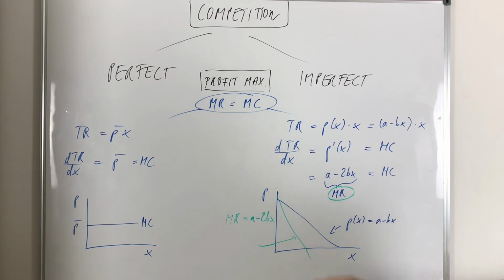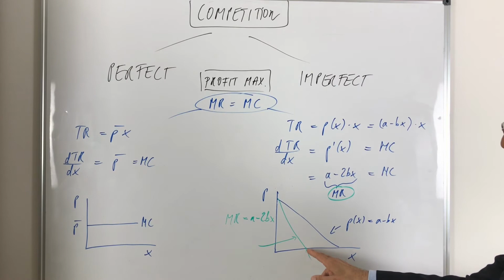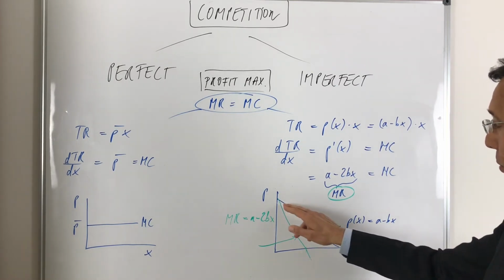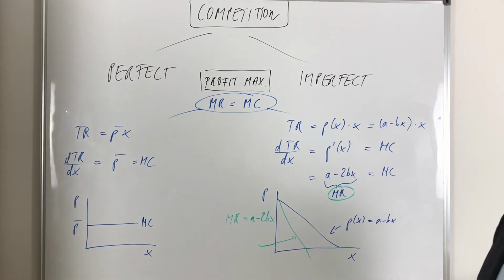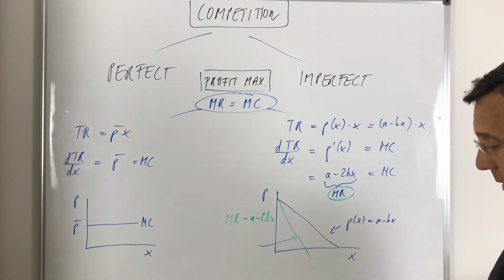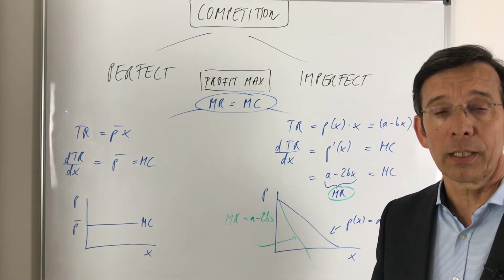So we can see that the marginal revenue function is twice as steep as the price function, and that's the main result here with respect to the marginal revenue. Did you get it formally?